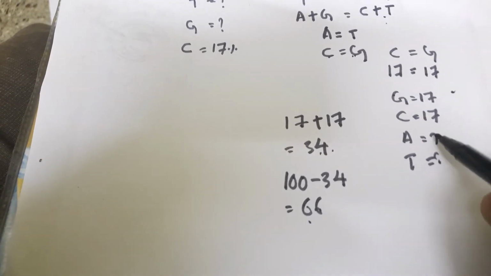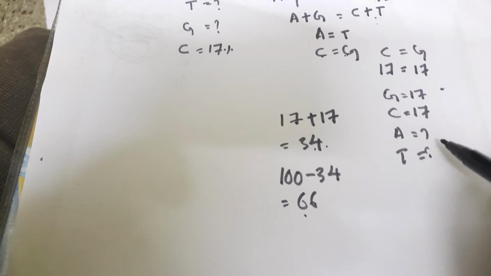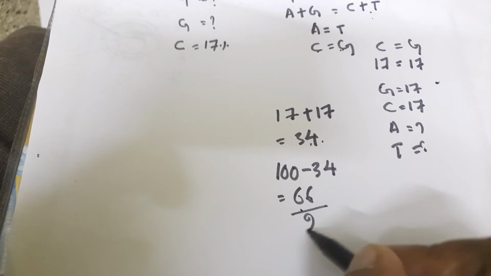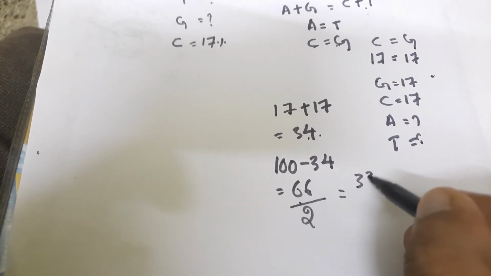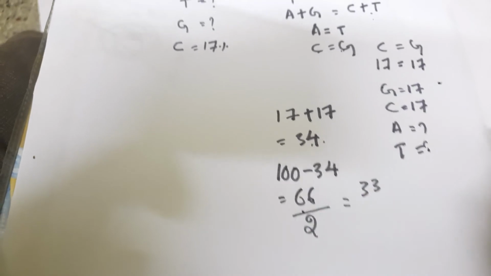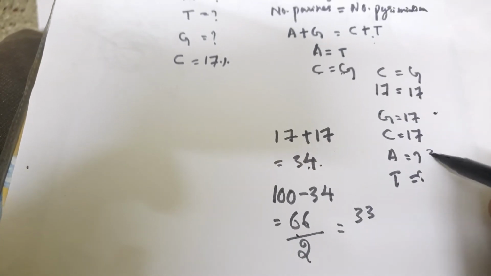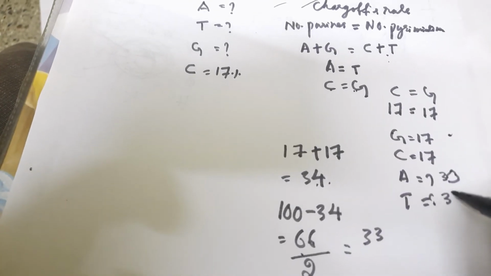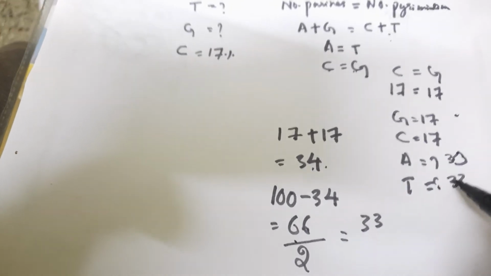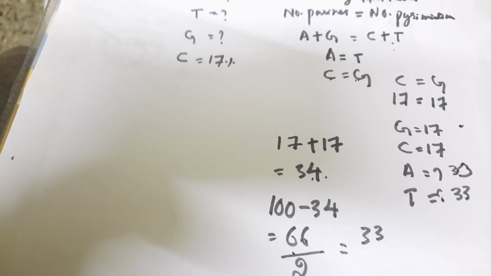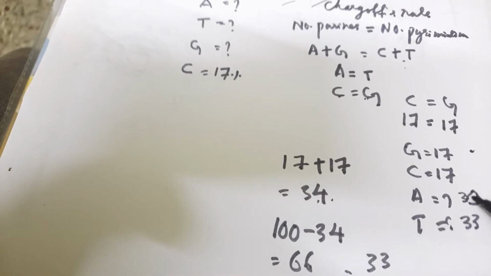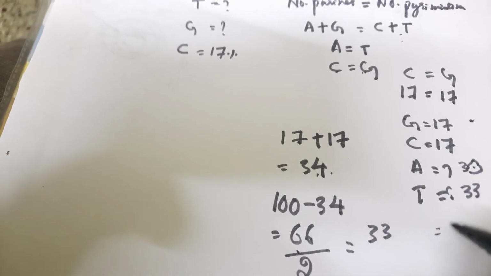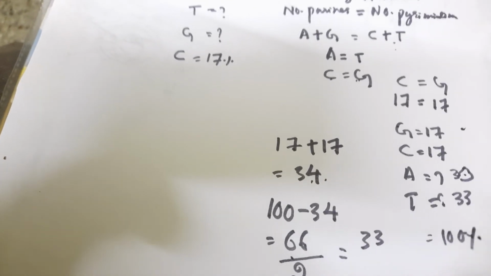Then 66 divided by 2 is equal to 33. So A will become 33 and T will also become 33. Check the total: 33 plus 33 is 66, 17 plus 17 is 34, and 66 plus 34 is equal to 100. Like that you have to calculate.